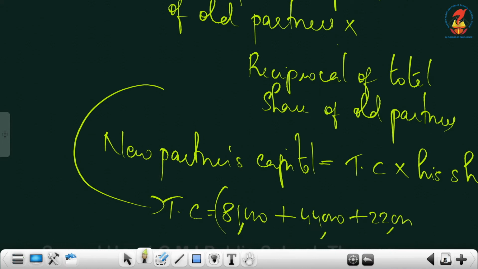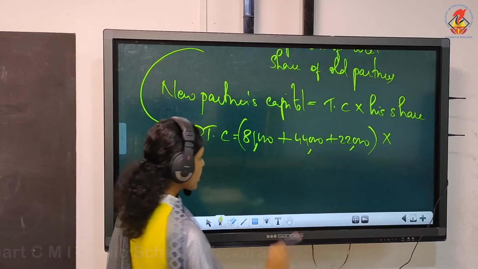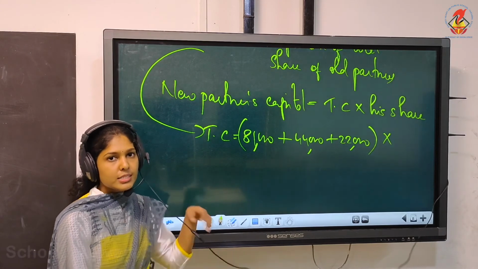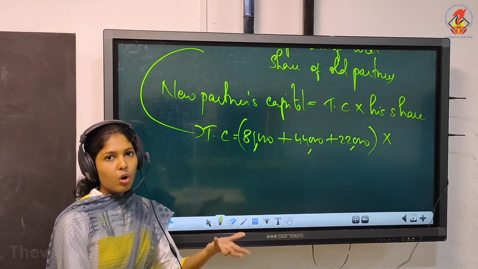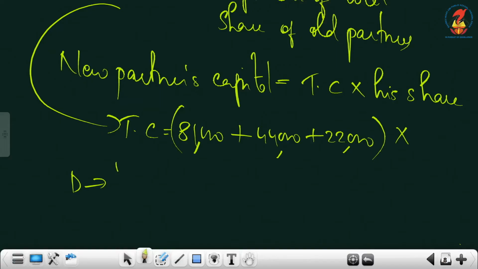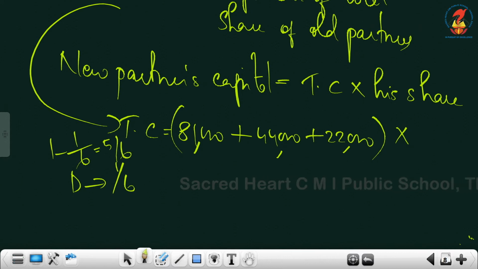This is the total adjusted capital into the reciprocal of total share of old partners. For that, you have to see what is the new partner's share. The new partner's share is 1 by 6. What is the remaining? If D's is 1 by 6, the remaining means 1 minus 1 by 6, so it will be 5 by 6.